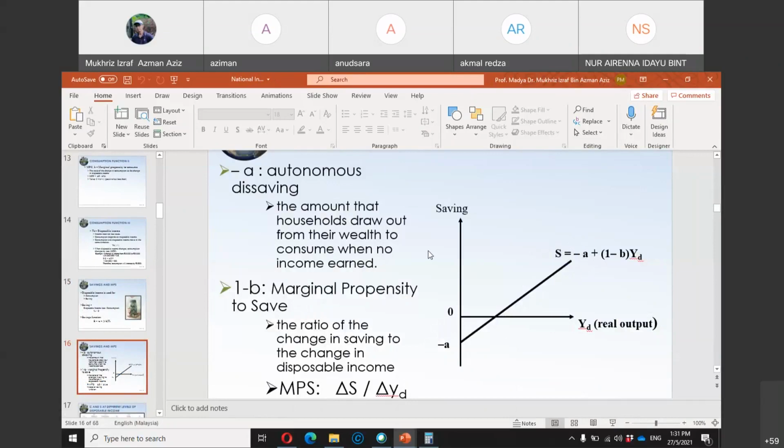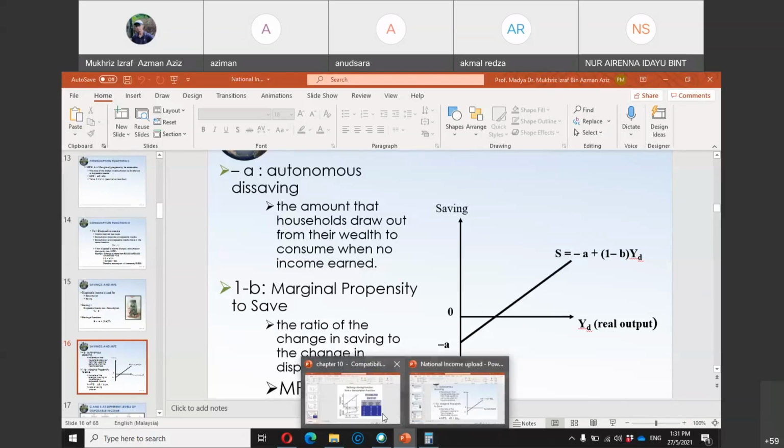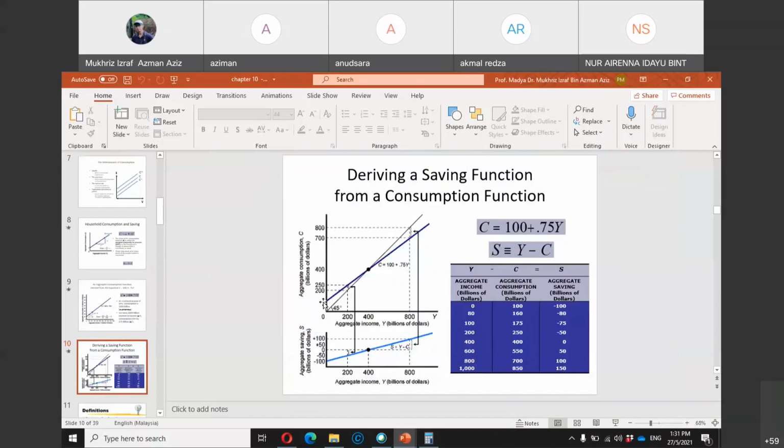If autonomous consumption is 100, this will be negative 100, because when income is 0, whatever money you spend is taken from saving, maybe money that you borrow from banks.